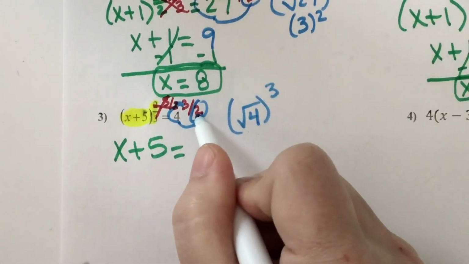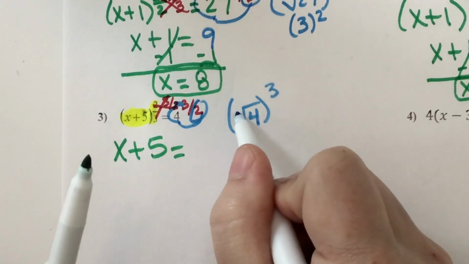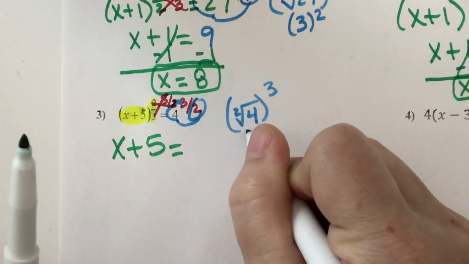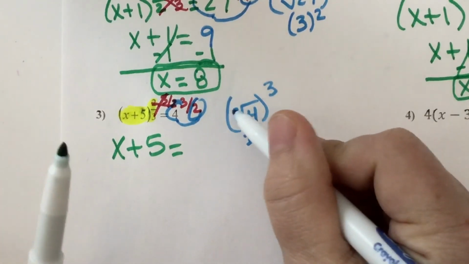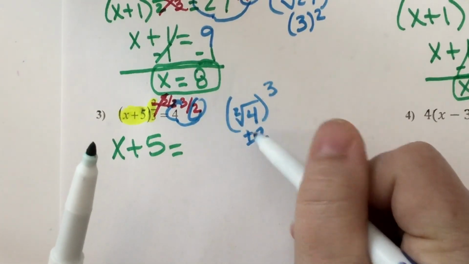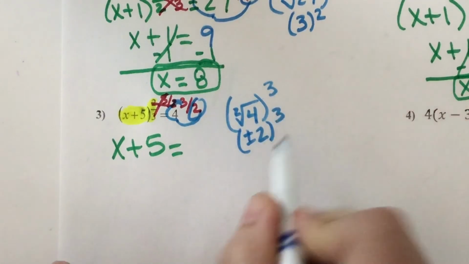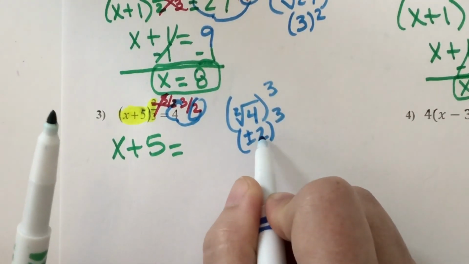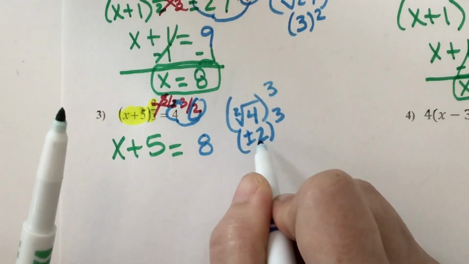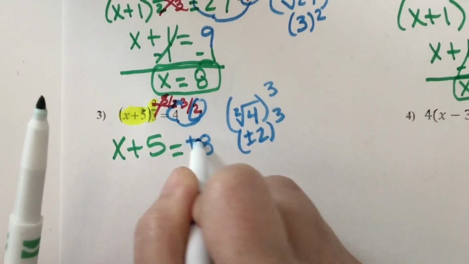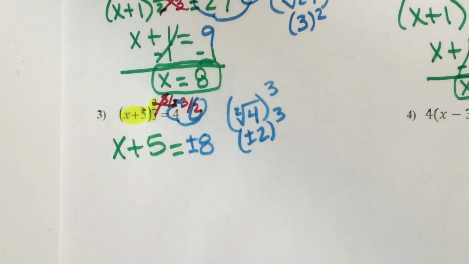If this denominator is even, we're taking an even root. This is a square root of 4, and when you take an even root, there's a plus minus. So the square root of 4 is 2, but plus minus, and then I'm going to raise it to the 3rd. So 2 times 2 times 2 is a positive 8, and negative 2 times negative 2 times negative 2 is a negative 8. So this makes a plus minus 8.